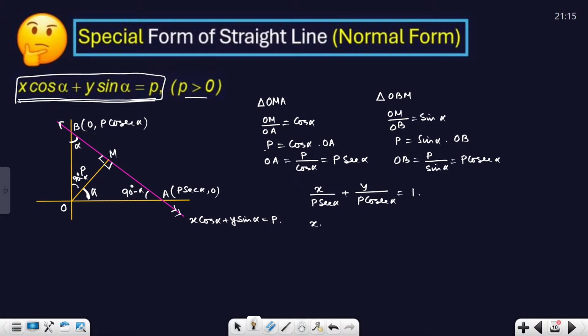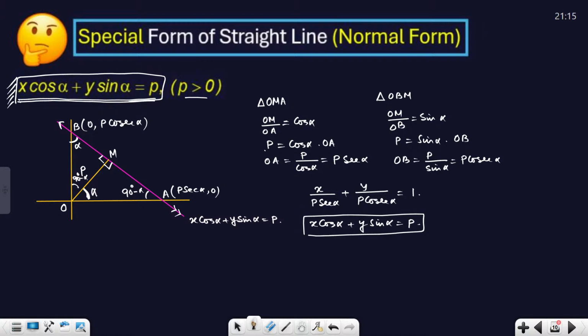So we are having X cos alpha plus Y sin alpha is equals to P. And that is exactly what we have written the first time. But P here is the perpendicular distance drawn from the origin on the required line.